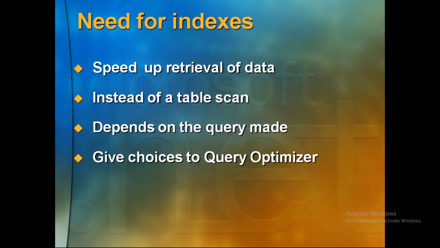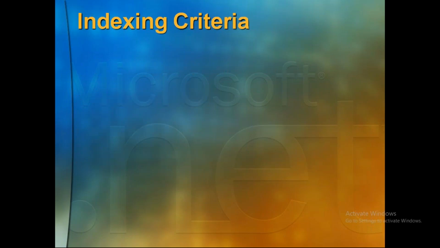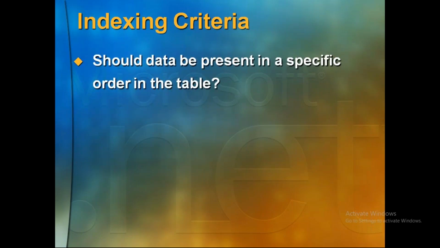Should I go row by row, or do you have any index? Based on that, it can plan and retrieve the data. That is the choice you are giving to the SQL Server engine. So for indexing criteria, should data be present in a specific order in the table? That is what you need to worry about.